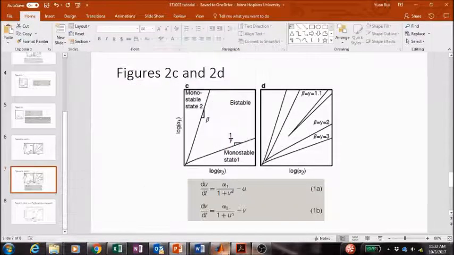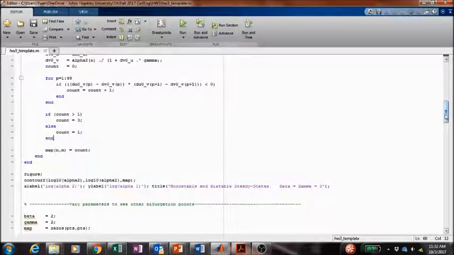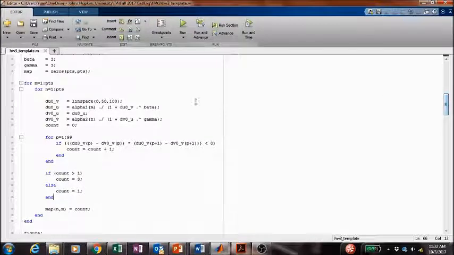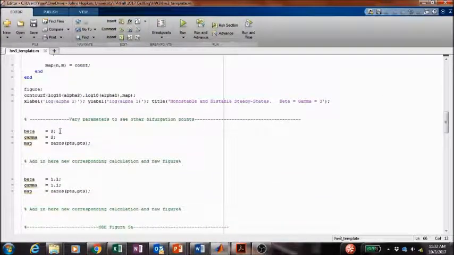So if I look back in my code, it's actually very, very simple because we're given most of the code already. So all we really need to change is what beta and gamma equal. So technically you can just copy and paste what's been done for this part into here and into here again, and you should get two more plots. That should give you the other two curves in figure 2D.